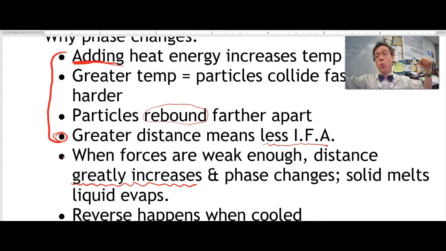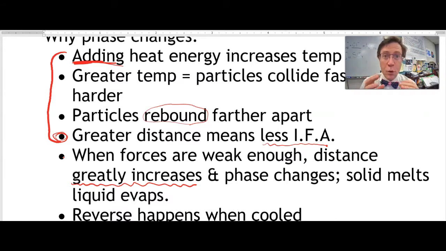It's not like they're bouncing pretty far off of one another, because those intermolecular forces of attraction are still holding them. It's like springs holding the particles together. However, they're still pulling on those springs pretty hard, right? And those springs are the intermolecular forces of attraction that stick those particles back together.